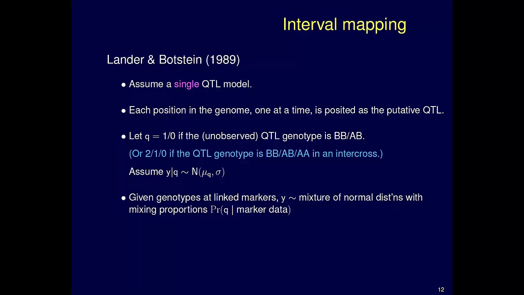So, imagine that in a backcross, the individuals that are CC at the QTL have some normal distribution, and the individuals that are heterozygous have the same normal distribution shifted.